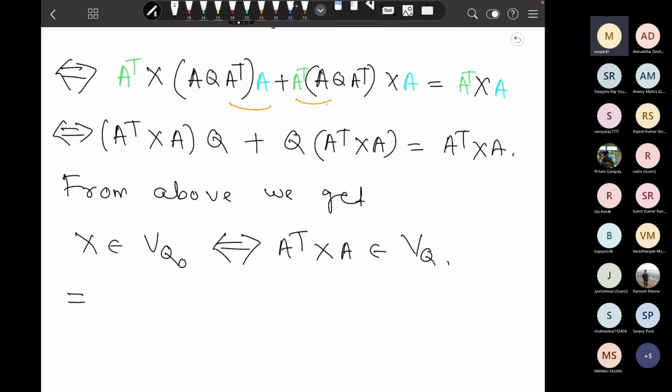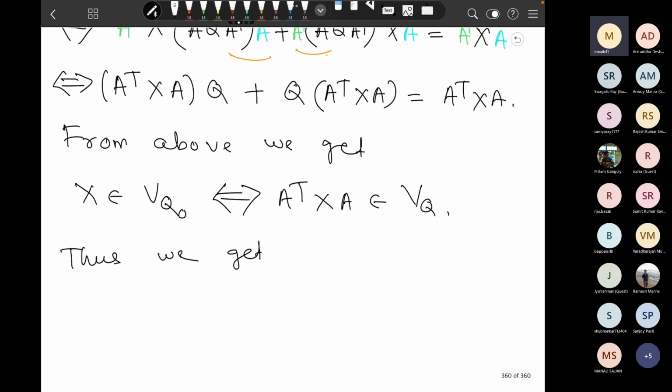Hence we get this A transpose BQ naught A is equal to BQ.